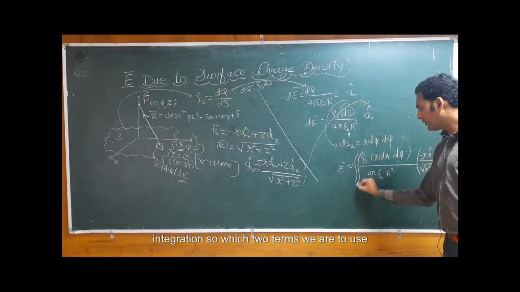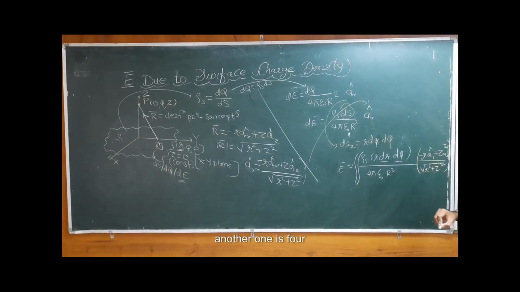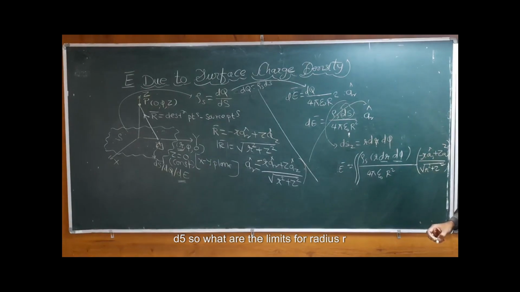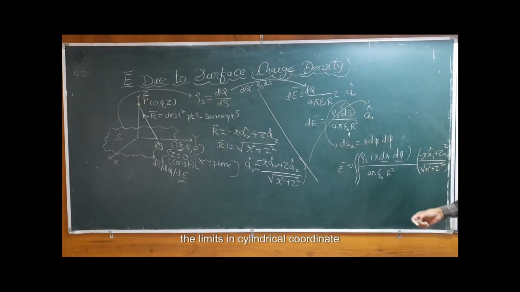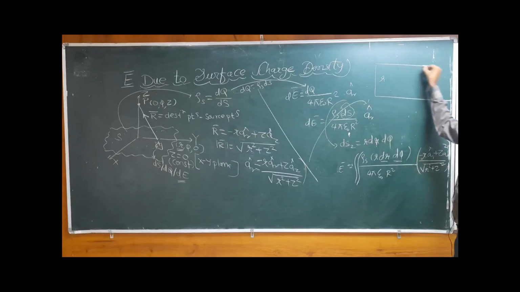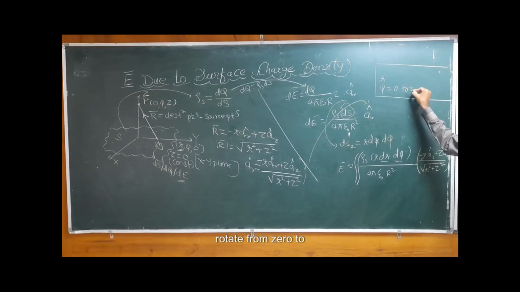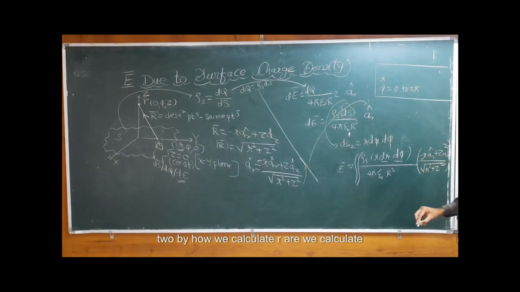So which two terms do we use for the double integration? One is for dr, another one is for d phi. So what are the limits for radius r? The limits in cylindrical coordinates for radius and angle phi: angle phi rotates from 0 to 2 pi. How do we calculate r?